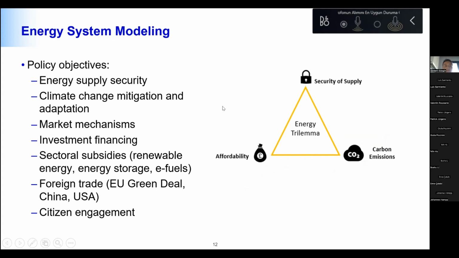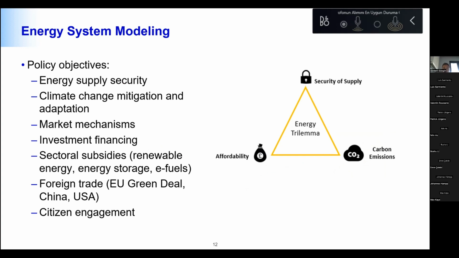Coming to energy system modeling, of course, in energy system modeling we have more challenges compared to a supply of some goods from supply markets to demand markets. We have multiple policy objectives which have both synergies and trade-offs between each other.